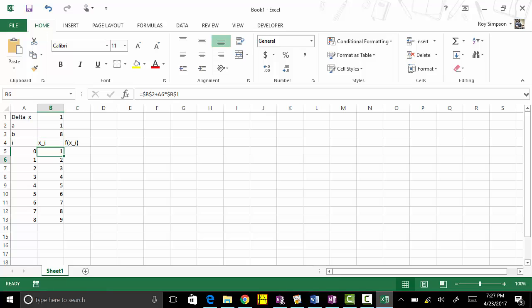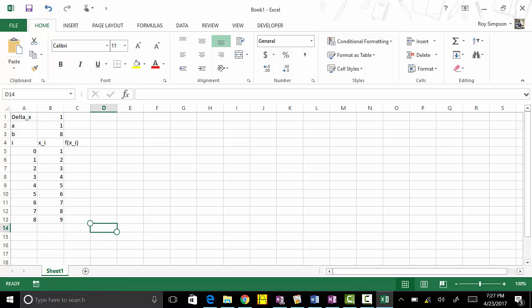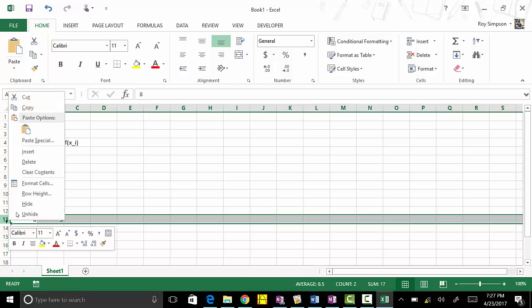Right? And let me pause for a moment. I don't need to pause. This last line here is not needed because we're doing 7 slices, not 8 slices. Sorry about that. Let me delete that.